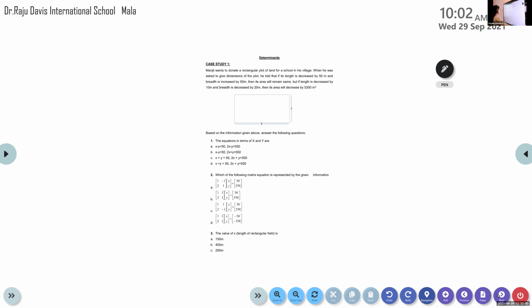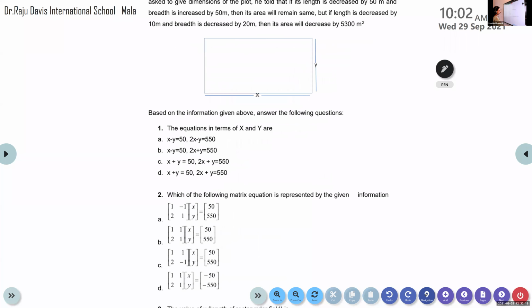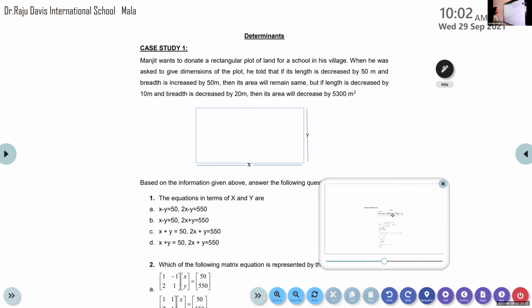This is again matrices. Now look at the determinants. We can do the case study questions from determinants, the linear equations method, solving simultaneous equations. That is what we are going to discuss now. Read the question. Manjit wants to donate a rectangular plot of land for a school in his village.